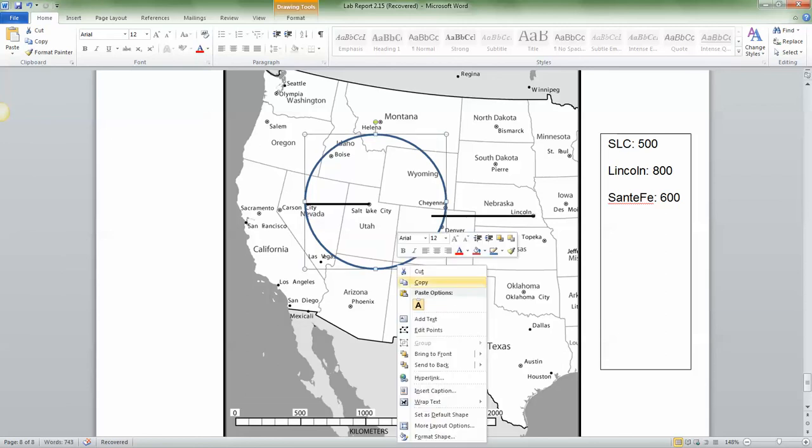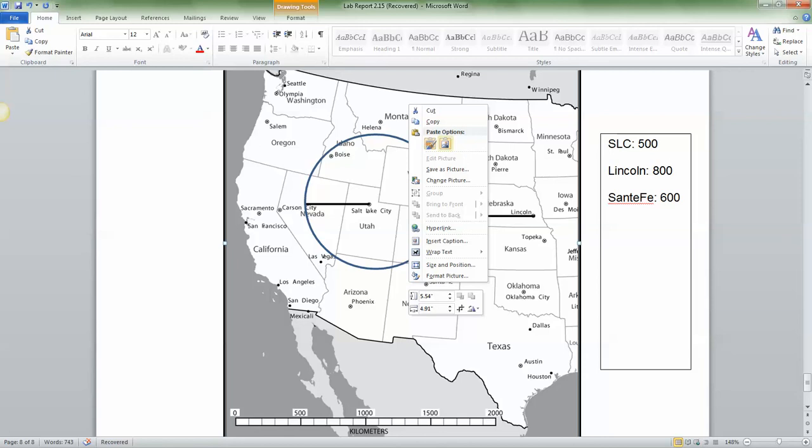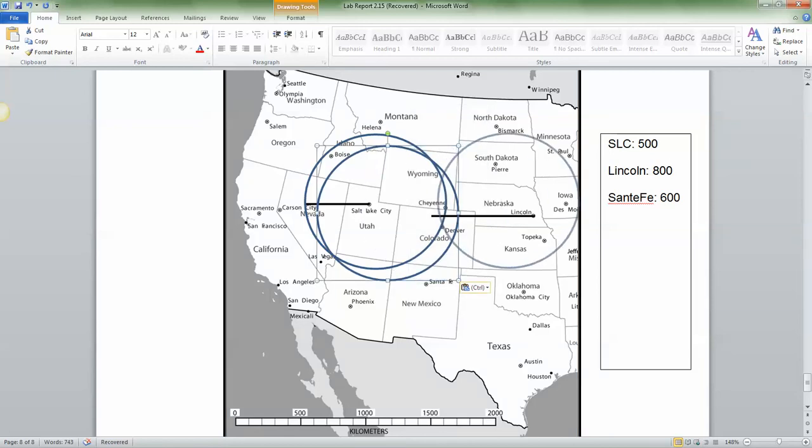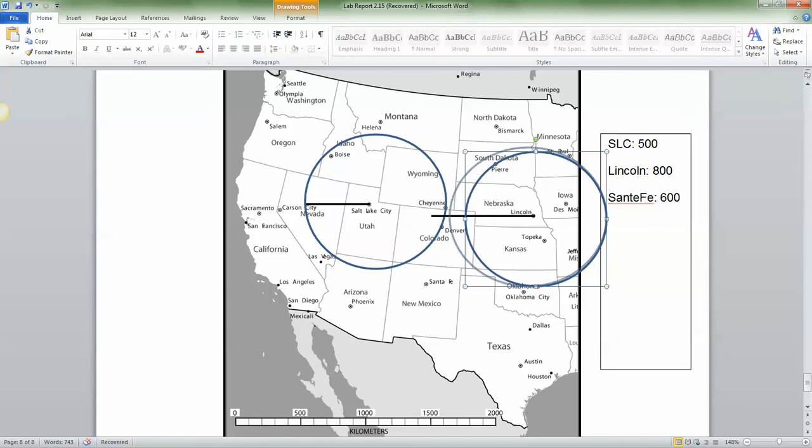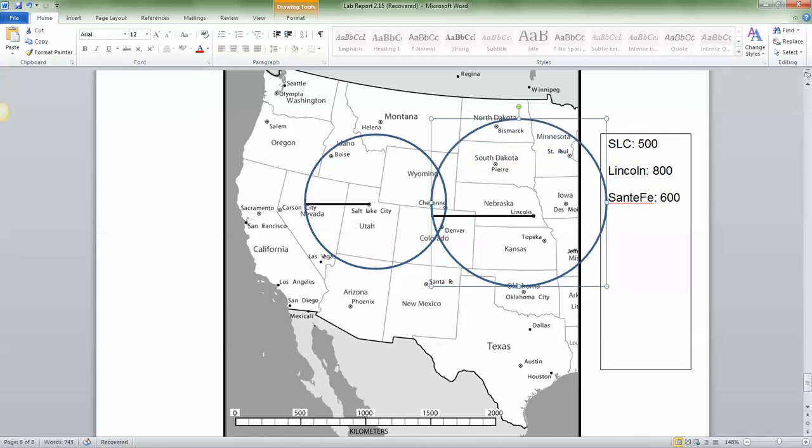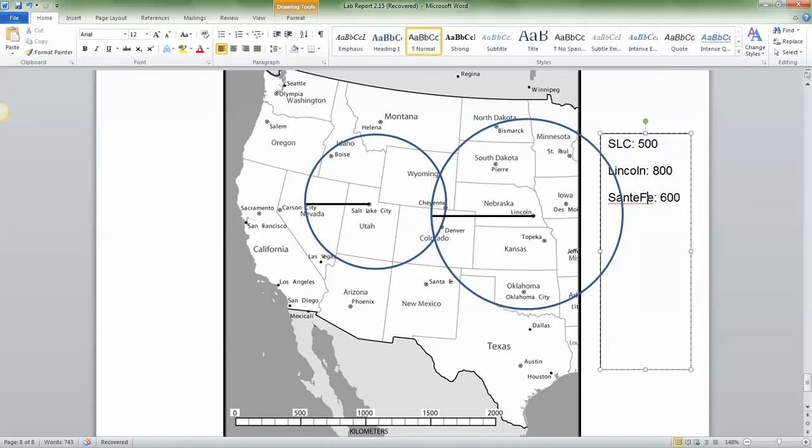I'm going to copy my circle, put it so that Lincoln is right in the middle, and then stretch it out so that the radius is the length of my line. And last, I'm going to measure out for Santa Fe.